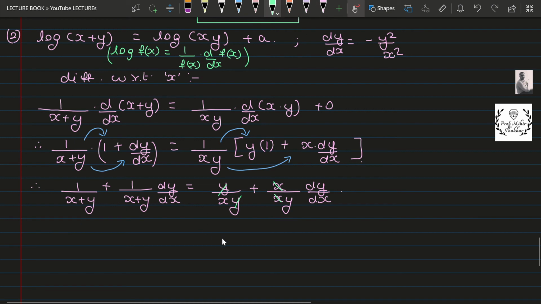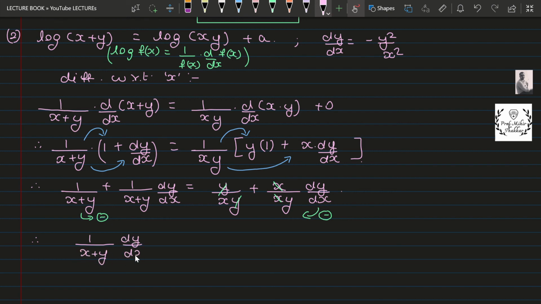Next, what I do is I transfer this element of dy by dx on the left and this element on the right with a negative sign. So what I get over here is 1 upon x plus y minus 1 upon y, one upon x minus 1 upon x plus y.